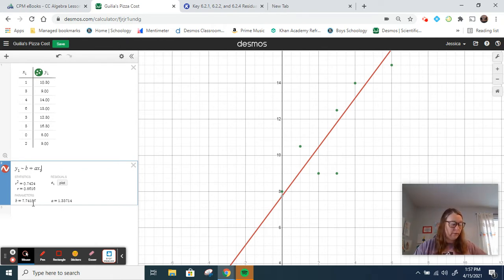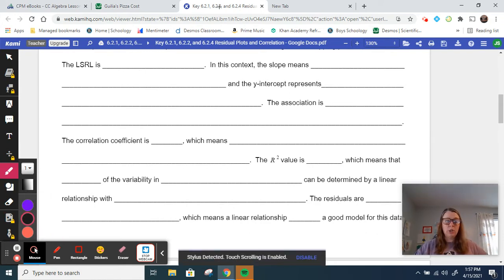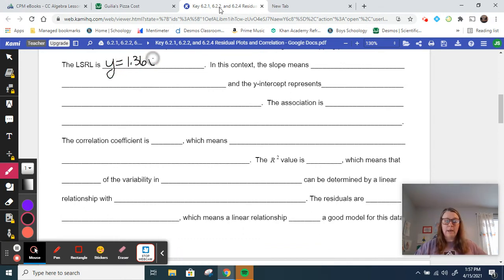So b is 7.74, a is 1.357, so that 7 after the 5 is going to bump that up to a 6. So I'm going to come over here and write my equation. My equation is y equals 1.36x, my a value is 1.36, plus my b value, 7.74.